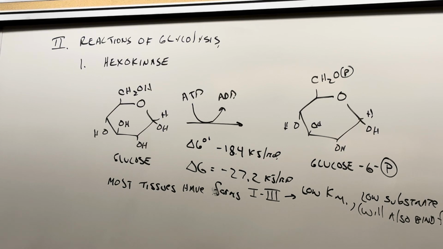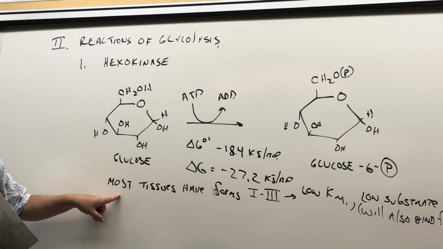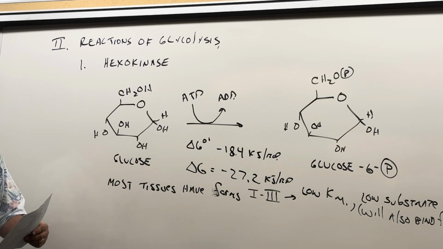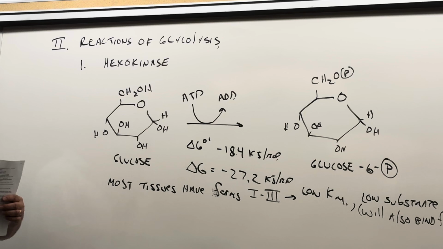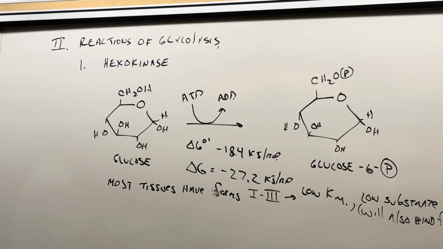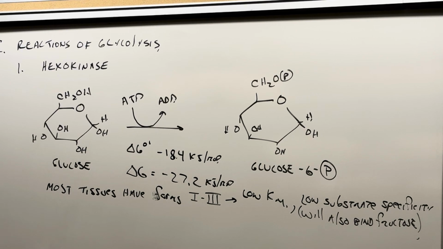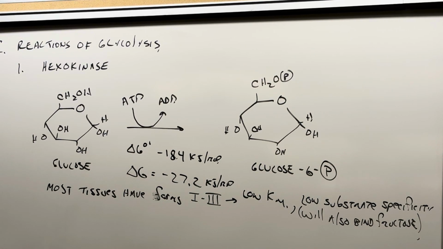So think, an example of a tissue might be a muscle. The muscle has one of these, the major form is one of these forms. And think about the physiological role of muscle: it is to drive muscle contraction, right? It doesn't have any major regulatory role in terms of maintaining glucose homeostasis within the body. It just wants to consume glucose, make ATP to be able to contract muscles.